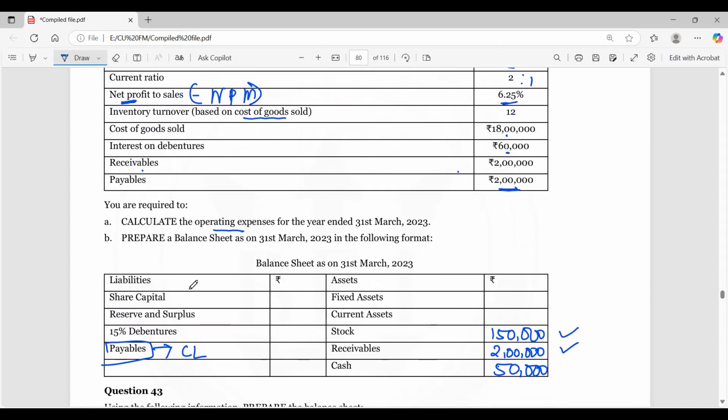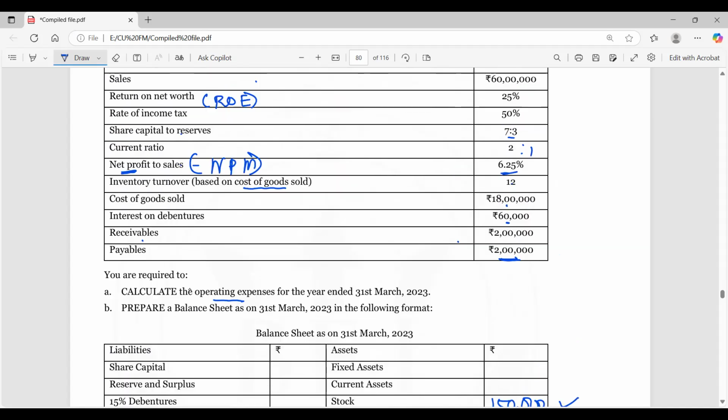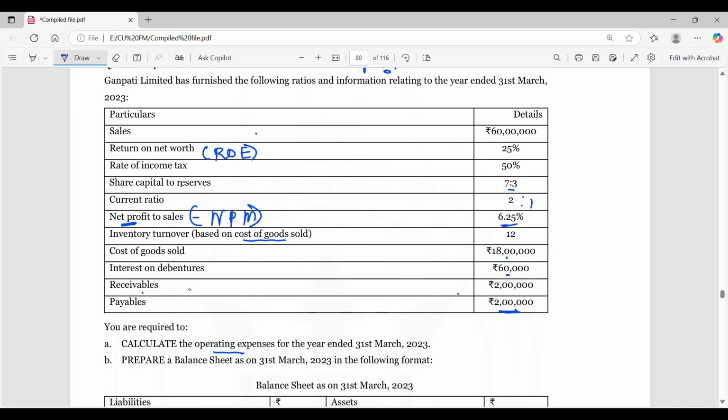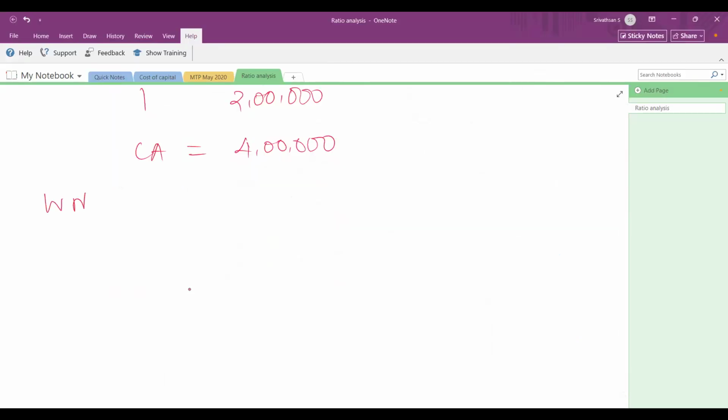Next, what can we calculate? Return on net worth is given, so we can calculate the amount of equity. So working note number 3, equity. Return on equity is equal to how much? 25%. The formula is net profit by equity. So what is the net profit we calculated?